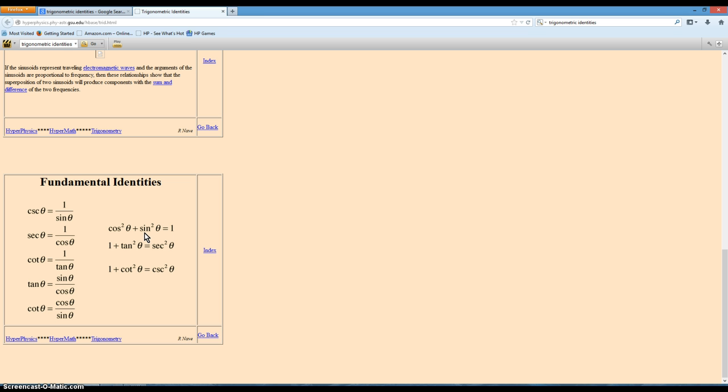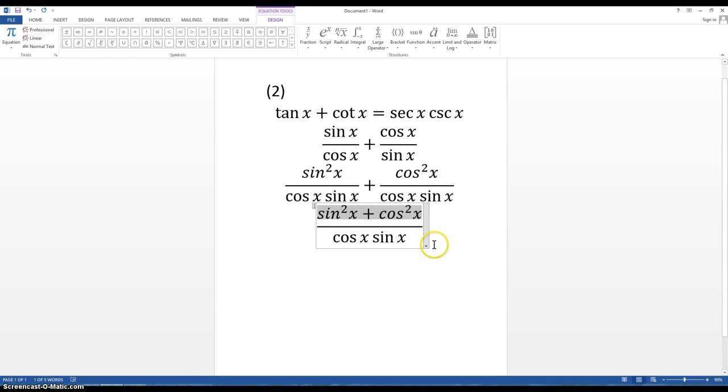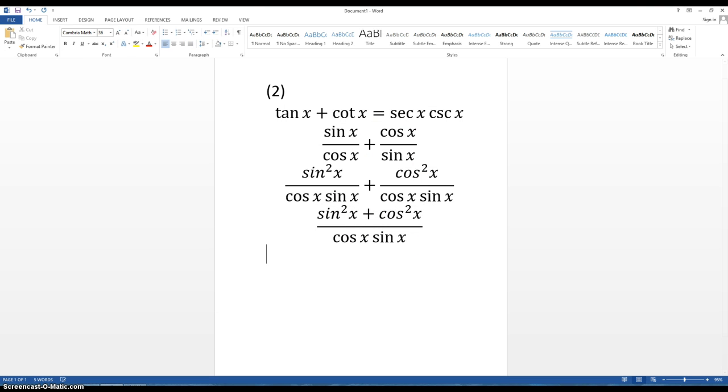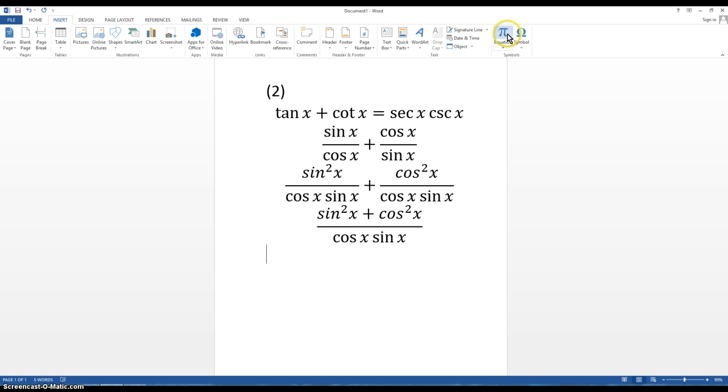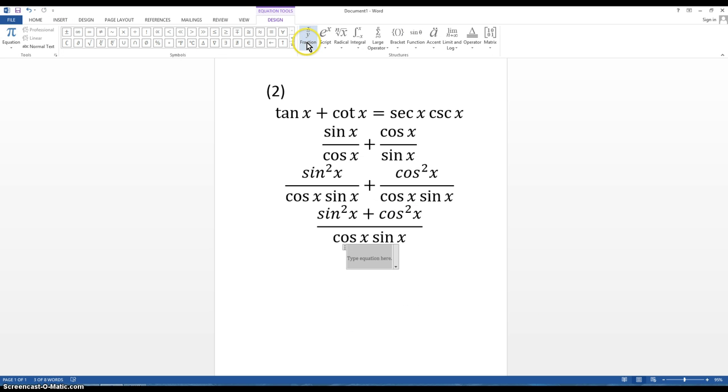For example, 7 plus 3 is 10, and 3 plus 7 is 10. Alright, so now we know that this top part goes completely to what? 1. Correct. So let's go ahead and rewrite it and replace it with 1. So now we have 1 over cosine of x sine of x.